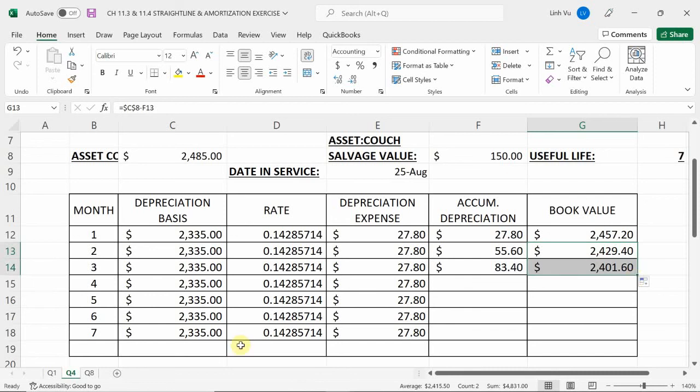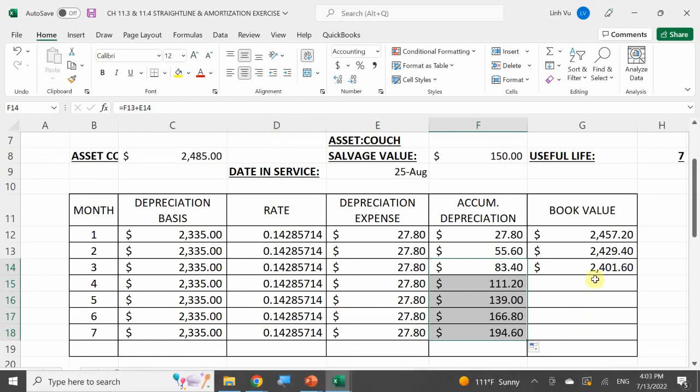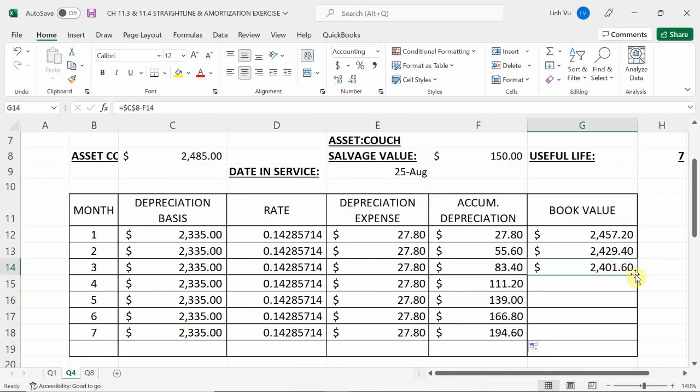$2,401. So in this case, it's going to be rinse and repeat. You're just going to keep adding your depreciation expense to your previous accumulated, right? So I'm going to fast forward and drag my formula down. I keep adding to my previous to get my end result, and for this one I keep subtracting out my accumulated.